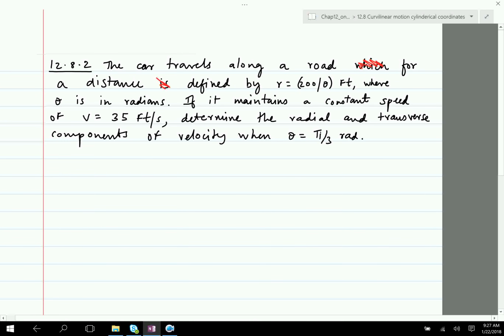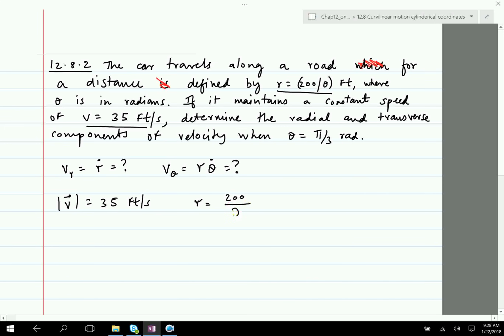So we have to find v r, which is r dot, and then v theta, which is r theta dot. These are the two unknowns. What we're given is that the magnitude of velocity is 35 feet per second. That's this information. And we're also given that the radius r is a function of theta, and given by this formula.